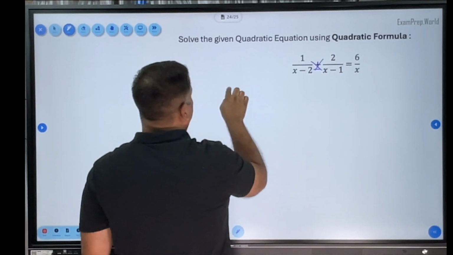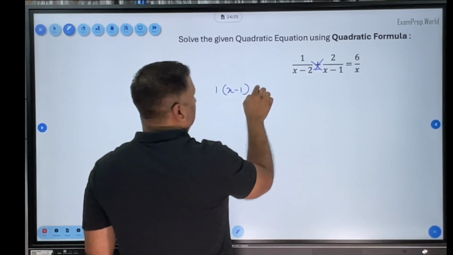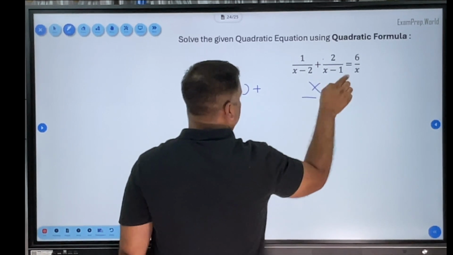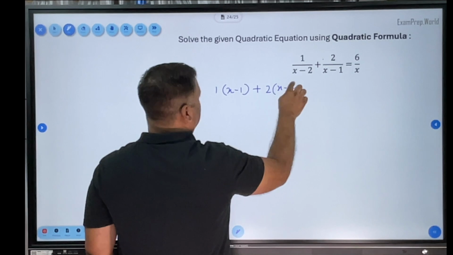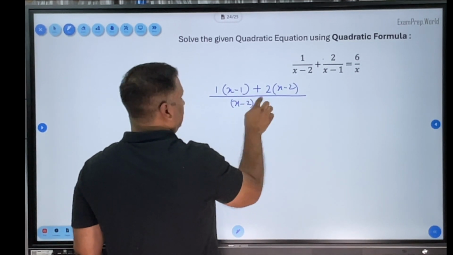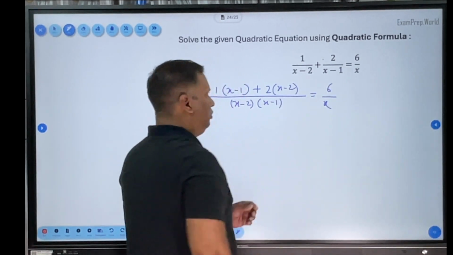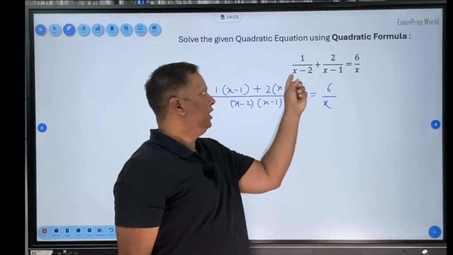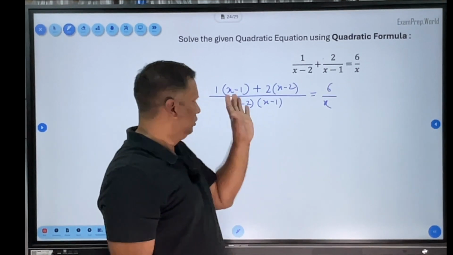So it is (x minus 1) times 1, plus, because there is a plus symbol here, I am doing it this way, plus 2 times (x minus 2), divided by (x minus 2)(x minus 1) equals 6 upon x. So I have multiplied these two, these two, and these two. Very simple fractions method. I have just done that.